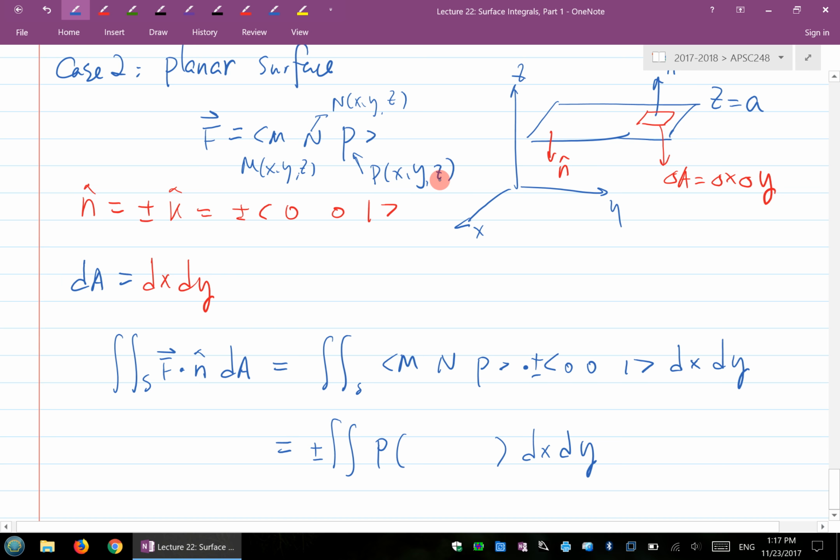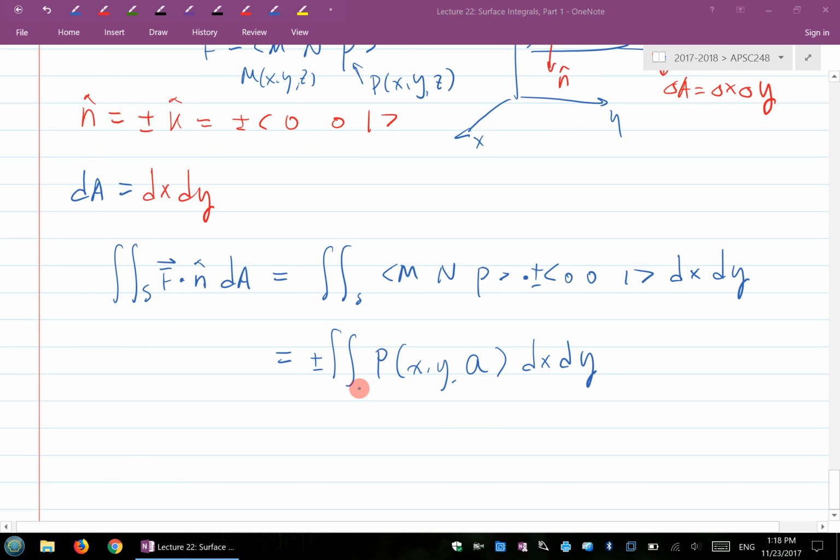But now you are talking about this vector function at a specific location, where z equals a. So what do I do with x, y? I keep them. But what do I do with the z? You replace the z with a. So that's basically the double integral here.